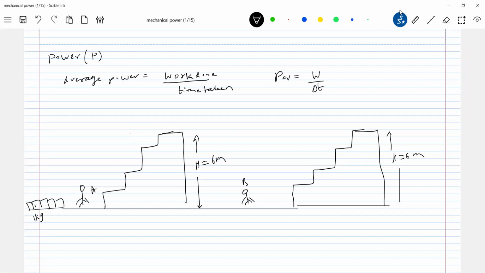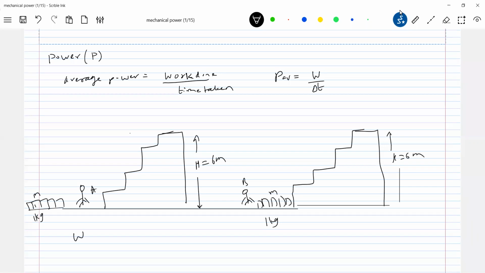We will neglect the person's own weight. Let's not bother about that effect, only the weight of the bricks we will take. So here again, there are 5 bricks where the mass of each brick is 1 kg. Then what is the work done by both the persons to place all that 5 kg of bricks at a height of 6 meter?